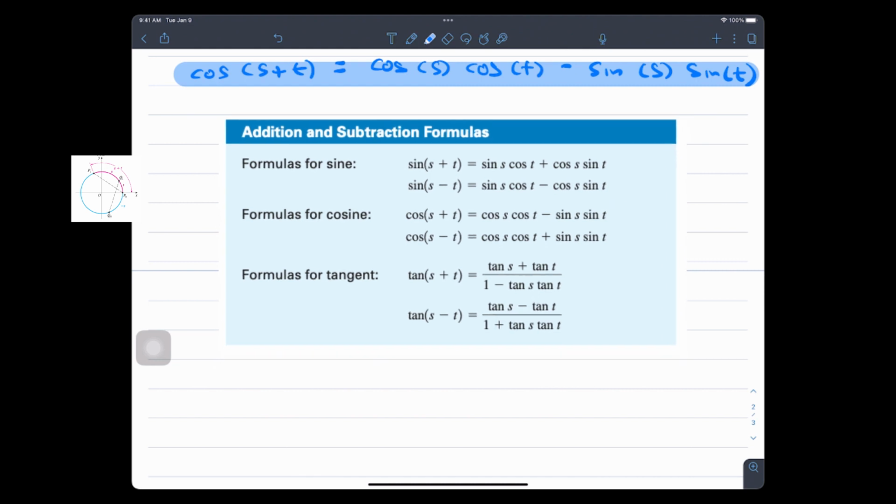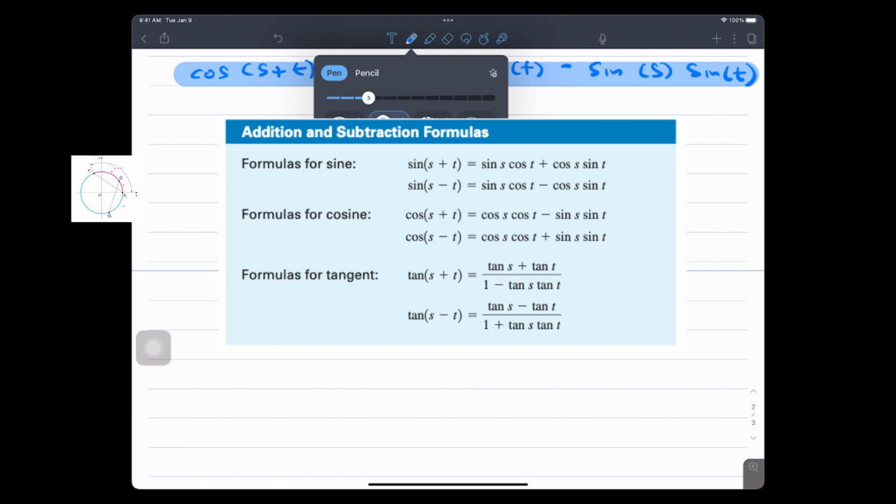Is that what they have here for the cosine of the sum, s plus t? Isn't that cosine s cosine t minus sine s sine t, right in the middle there? What do you guys think? Is that okay? So what I want to remark here is that this is a sum formula. This means to add. This is a sum.